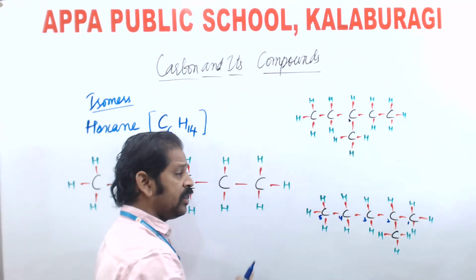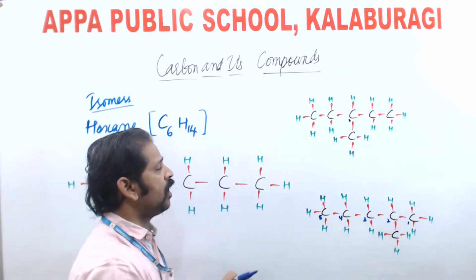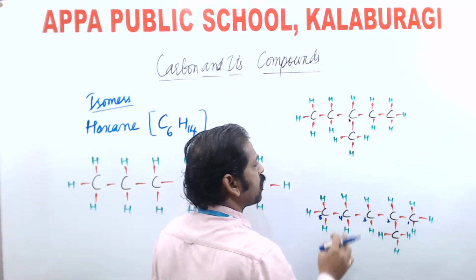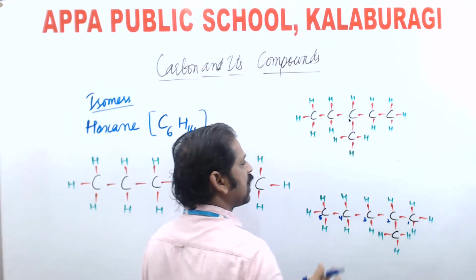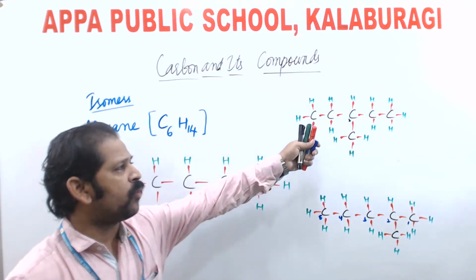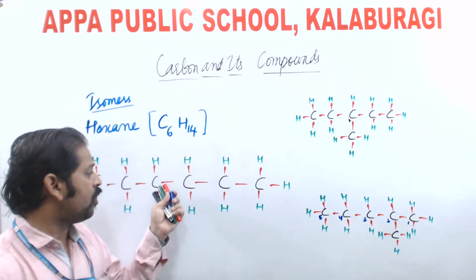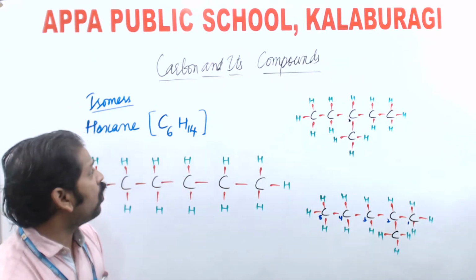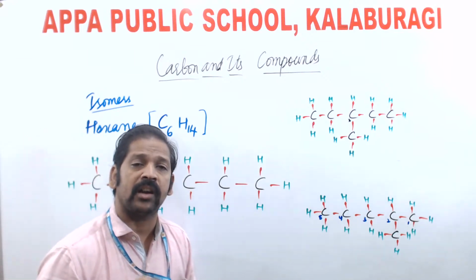But totally in this whole chemical, we are having six carbons, and in this group also we are having one, two, three, four, five, six carbons. Six carbon, 14 hydrogen, in all three. So all are considered as hexane, but names are different.